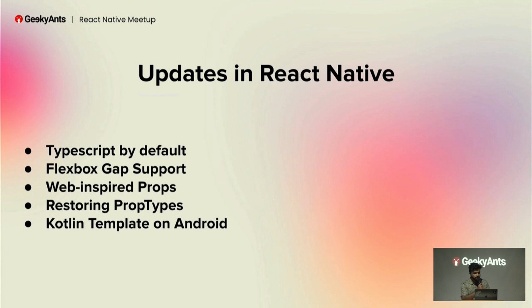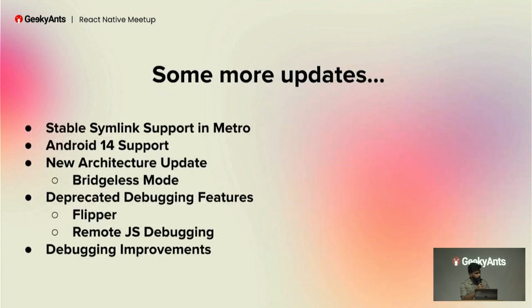Also, Kotlin is now the recommended language for Android apps built with React Native, and all the templates we have for the native Android code are also updated in Kotlin now. Some more updates.